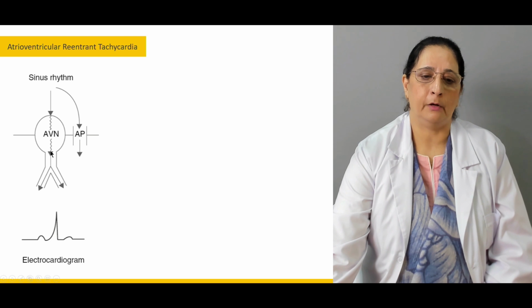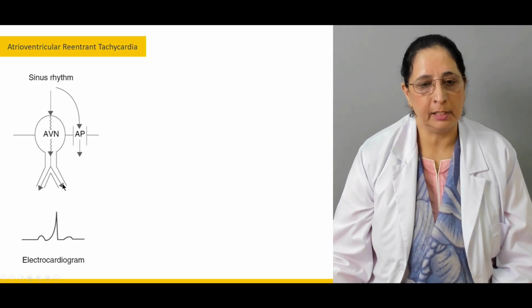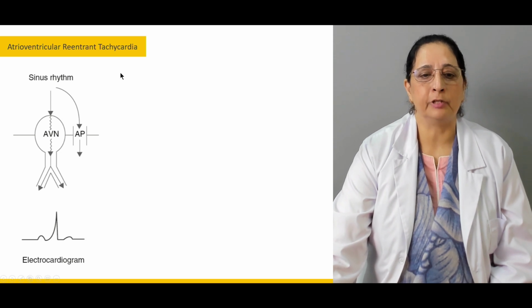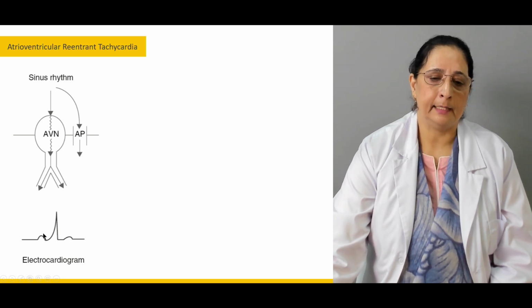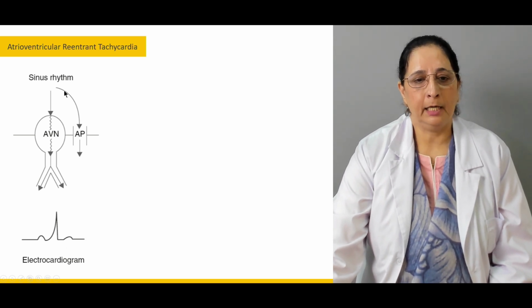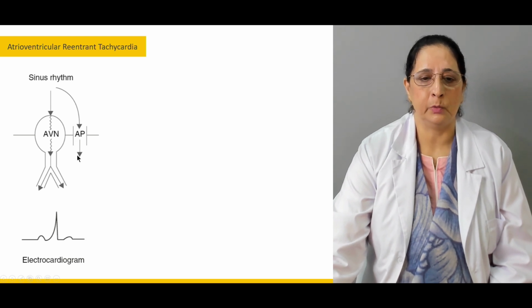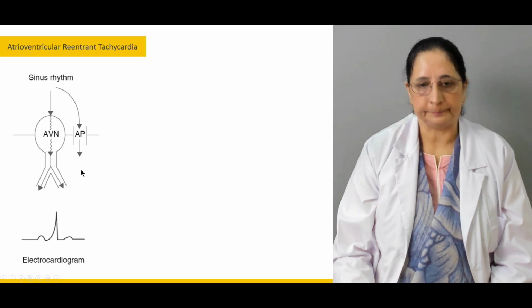Then we have the bundle of His, the right bundle branch and left bundle branch, which go to the ventricle and Purkinje fibers. In the sinus re-entrant type of tachycardia, you can see the type of cycle or appearance on the EKG. Again, in sinus rhythm, the action potential goes in this direction, so it's the normal direction.